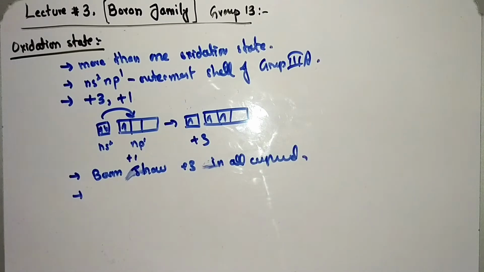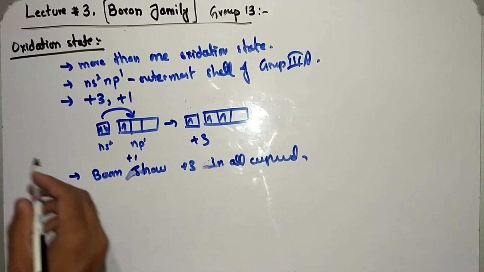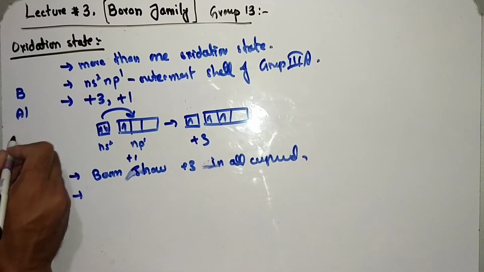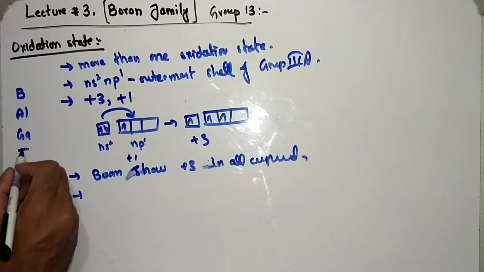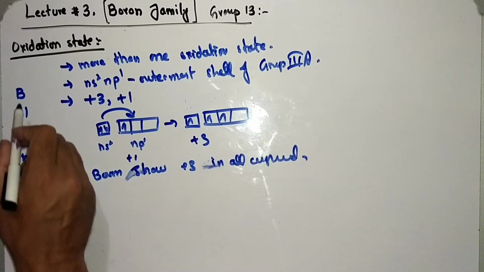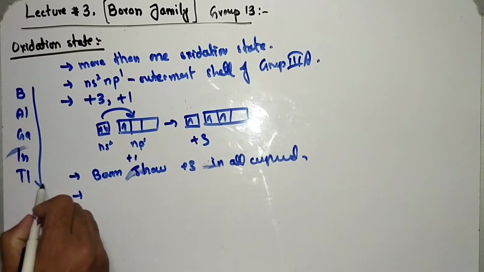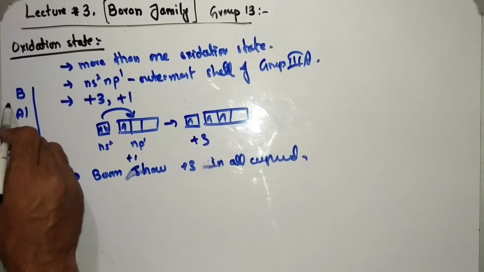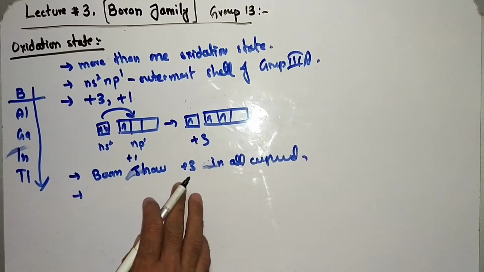Other members show +3 and +1, other than boron. That is boron, aluminium, gallium, indium, and thallium. These are the third group elements, or 13th group elements, that is the boron family. Here boron contains only +3 in all cases.